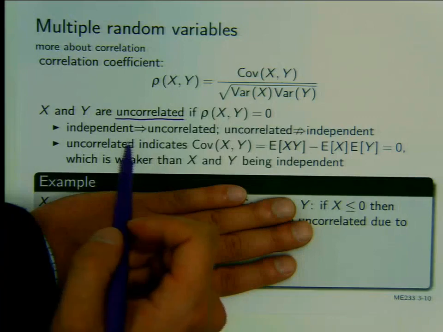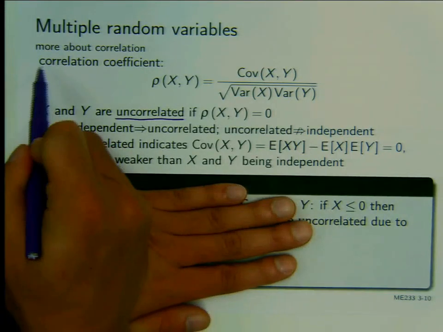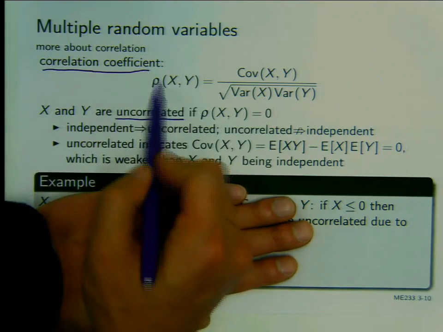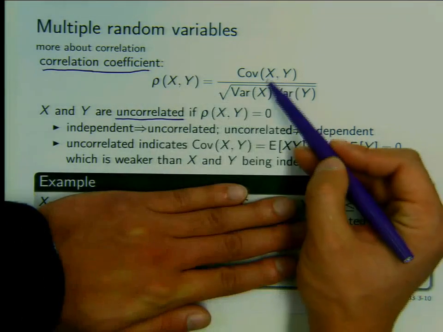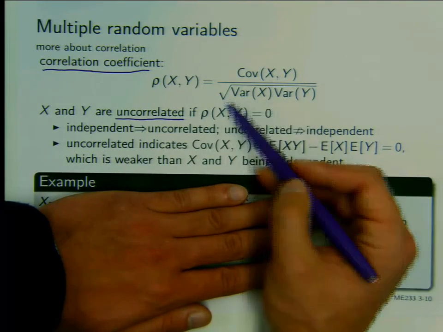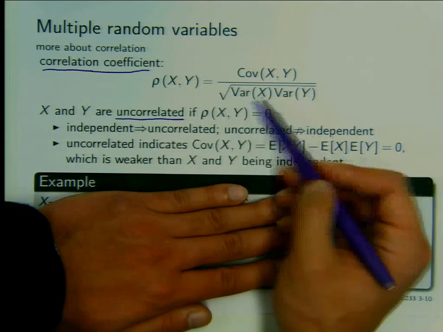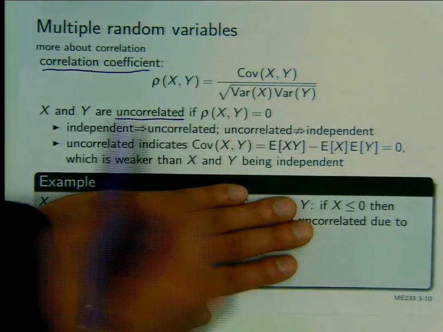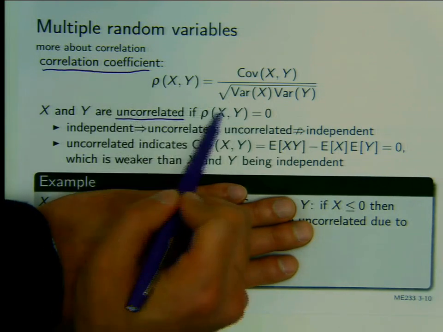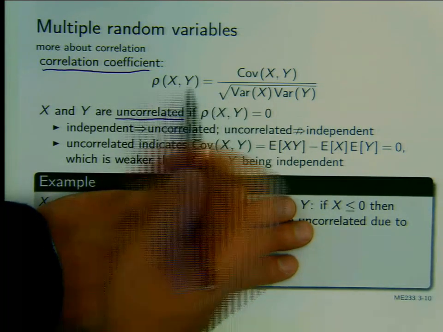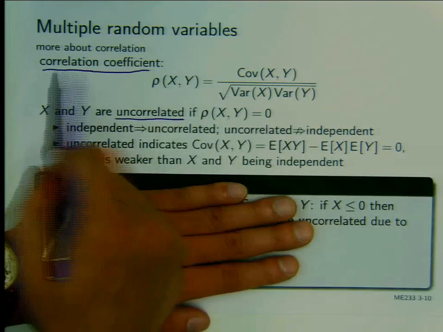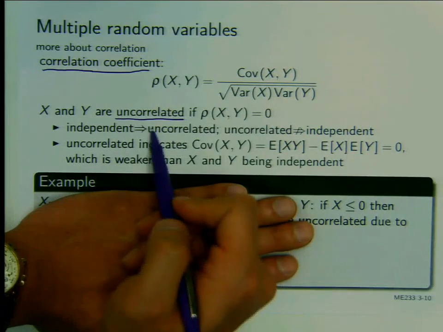The correlation coefficient is defined as rho xy, the covariance of x and y divided by the standard deviation of each term. Uncorrelated means the correlation coefficient is zero, okay? I think this definition has no confusing part. If the correlation coefficient is zero, then they are uncorrelated.